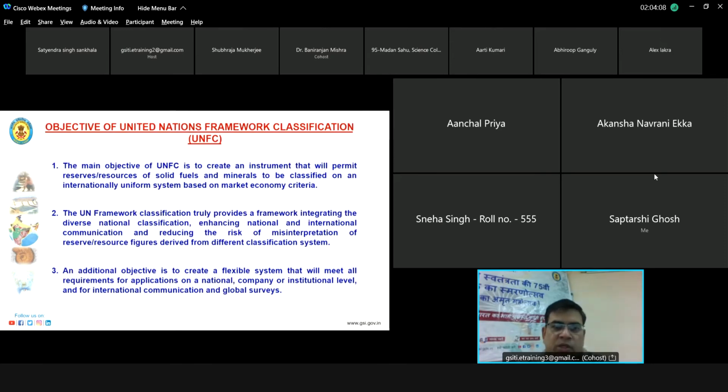Now there are different countries in the world, and they have different systems of classifying their mineral objects. So before we go to overall planning, we should know what UNFC is. UNFC is the United Nations Framework Classification. This is the platform where all the countries classify their mineral deposits into a common economic platform.